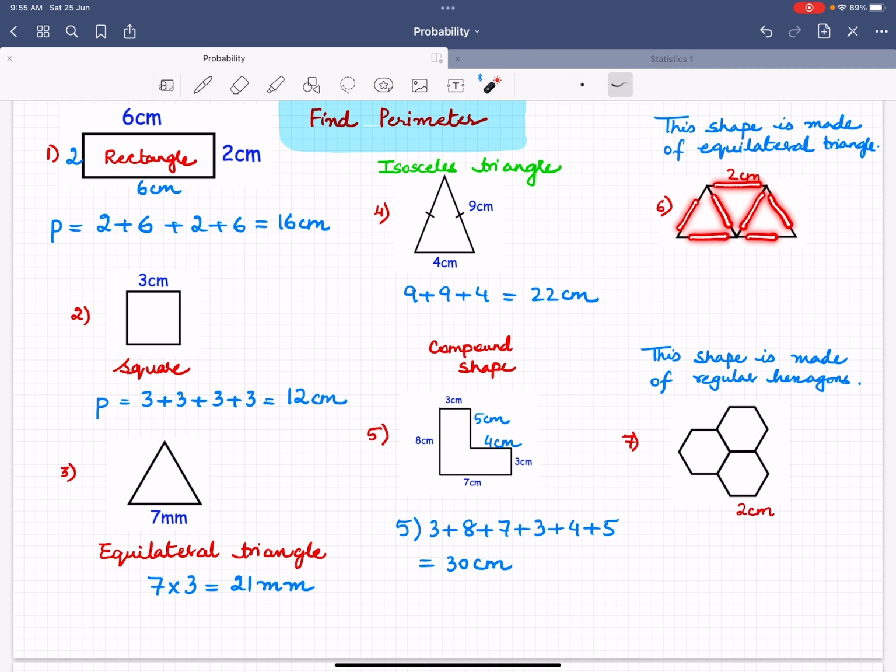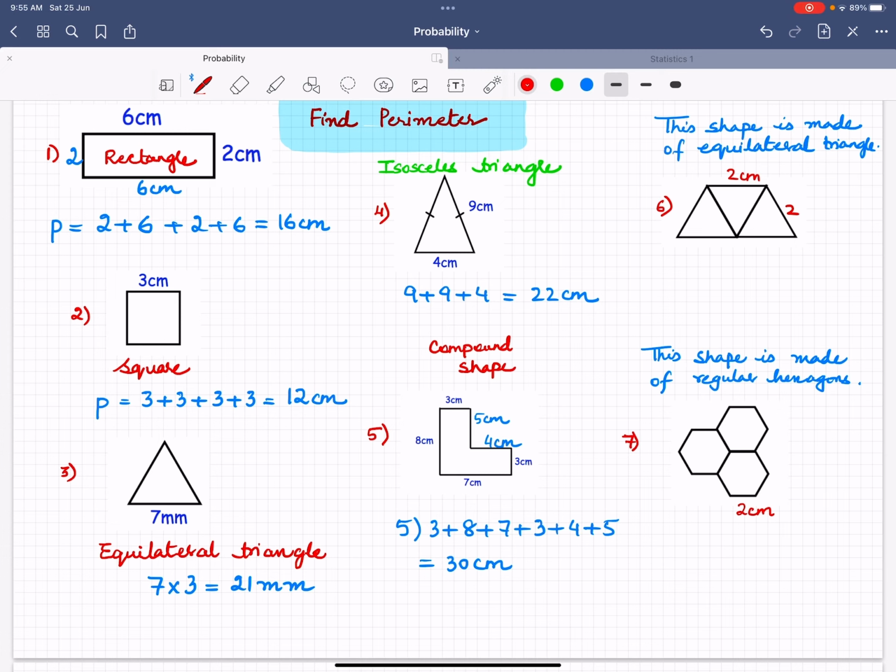It's very easy for us now to find the perimeter of this shape. While finding perimeter, we need to always keep in mind that we do not add up the lengths of any lines that run in between the shape, because perimeter is only boundary. So let's write the lengths.